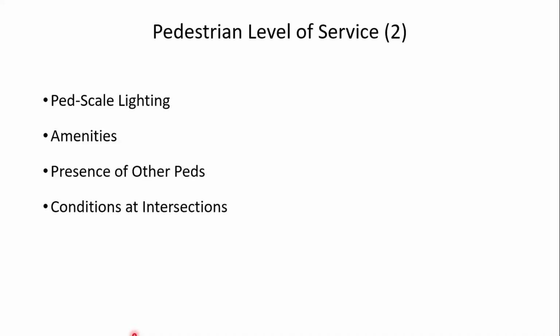And then conditions at intersections are also important. That's where the conflicts between motor vehicles and pedestrians usually occur. Pedestrians may have to wait for extended periods to, say, cross the street. So conditions at intersections are also something that pedestrians evaluate in terms of pedestrian level of service. And we'll talk about those intersections shortly.